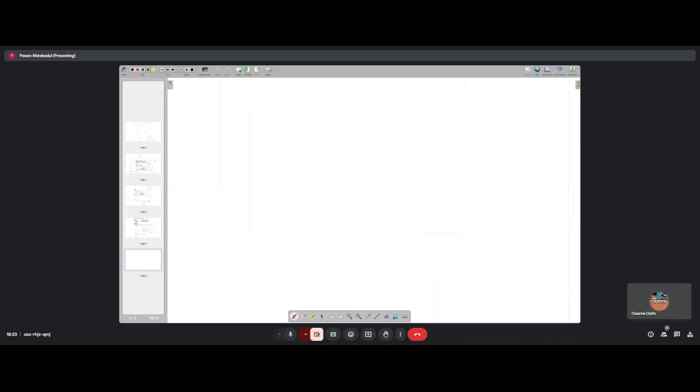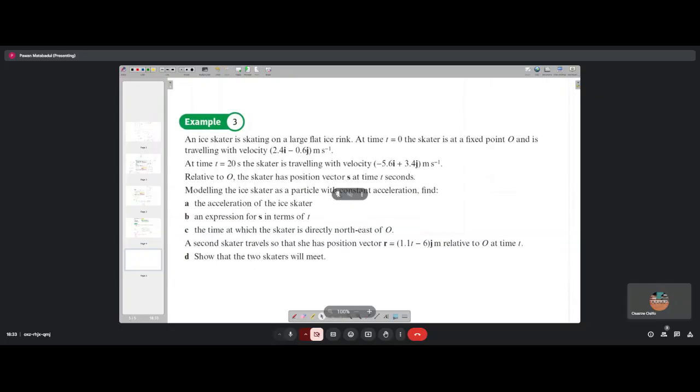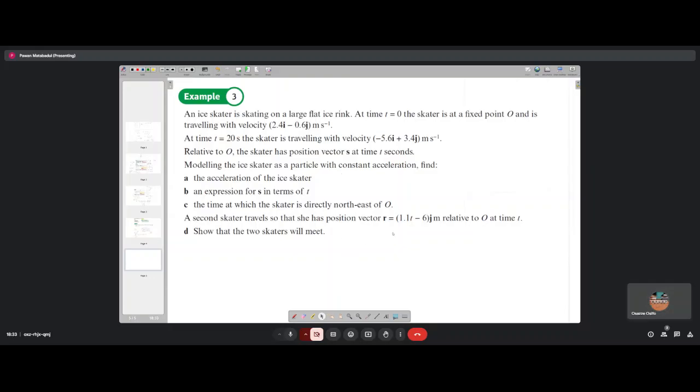Okay. You know what? Okay, so have a go at this question, and this is a very typical exam question. This is a good one. So have a go at A and B. Let me know what you got.